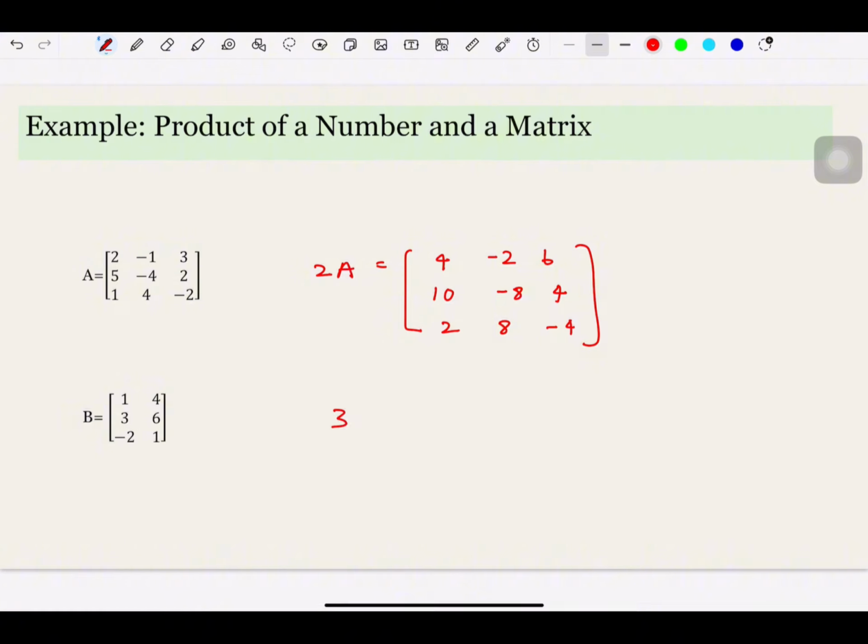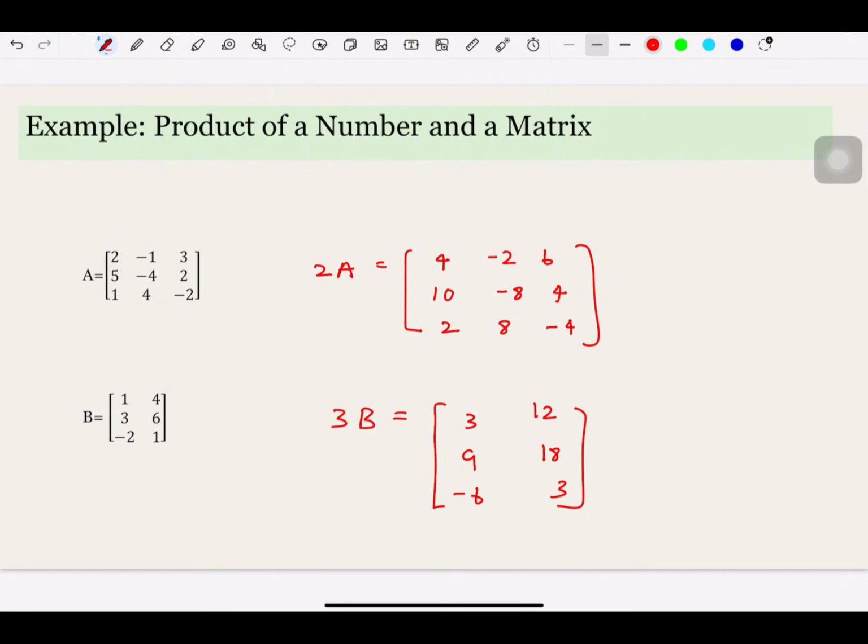Next, let's say you're asked to take 3 multiplied by matrix B. So again you take each entry and multiply it by 3. So this is 3, 9, negative 6, 12, and then 18, 3. So this is your new matrix.